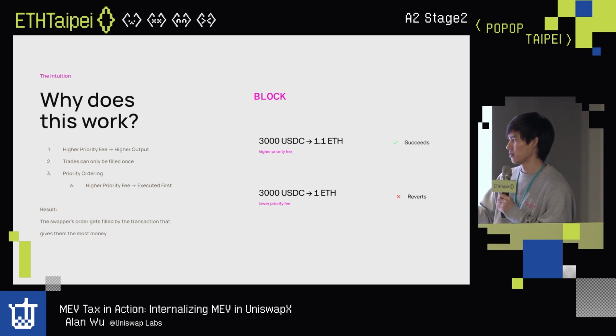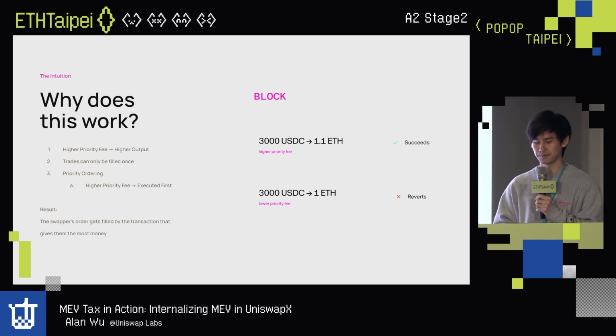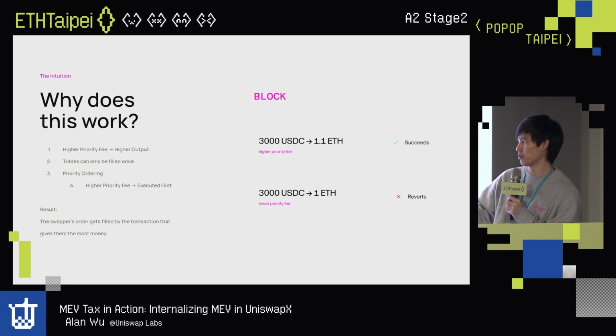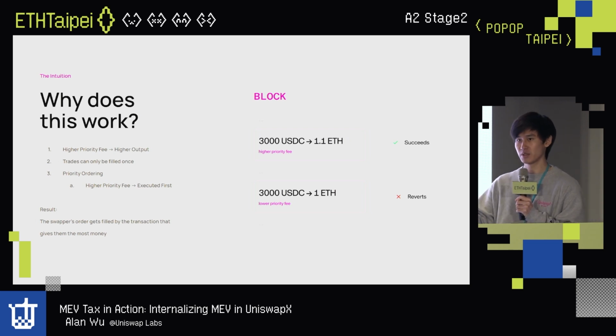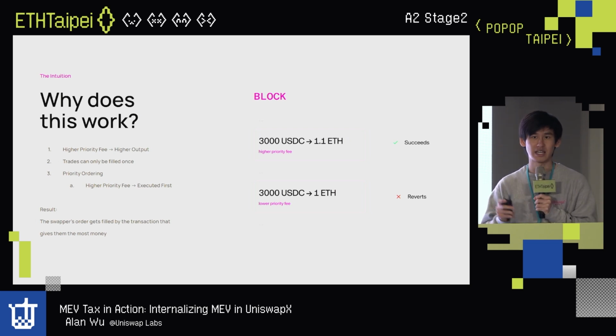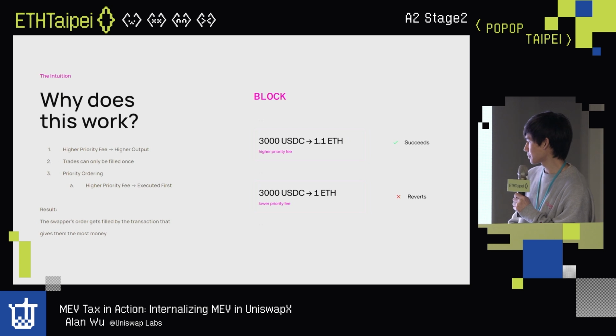And so logically, a higher priority fee transaction is the one that gets executed first. So if we put these facts together, we can come to a logical conclusion that the transaction that gets executed to fill a trade gives the user the most output. And since it is the first one to do so, it's the only one that can successfully fill the order.